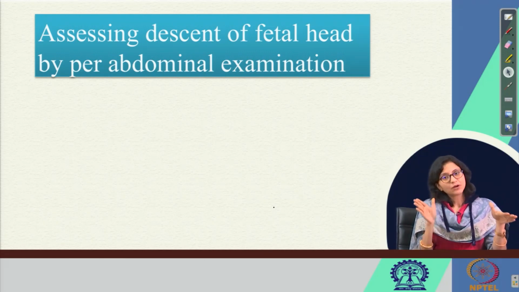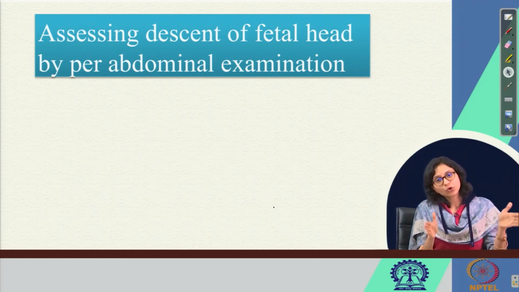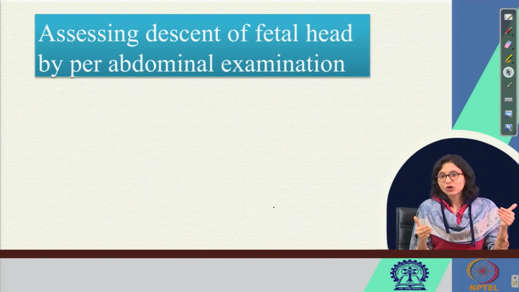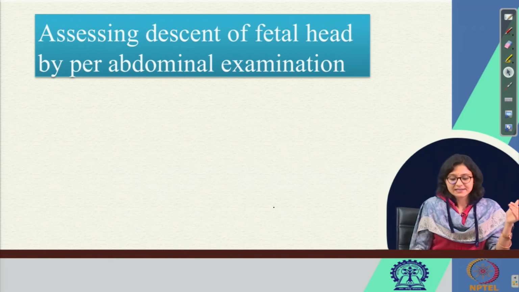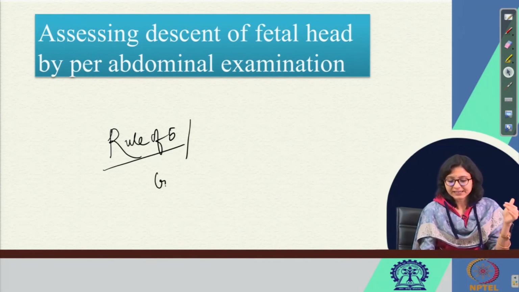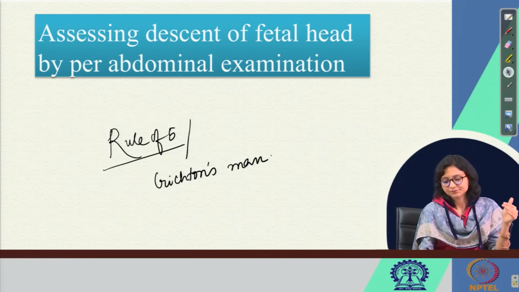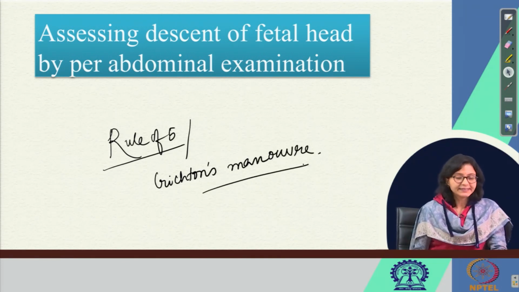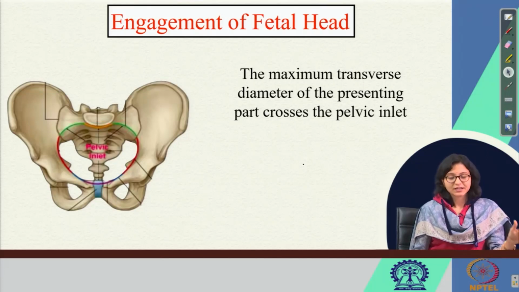Number 1, we have discussed that from the 4th Leopold maneuver we can get an idea whether engagement has occurred or not. Another is the rule of 5 or Crichton's maneuver. So these are all clinical, not USG based.